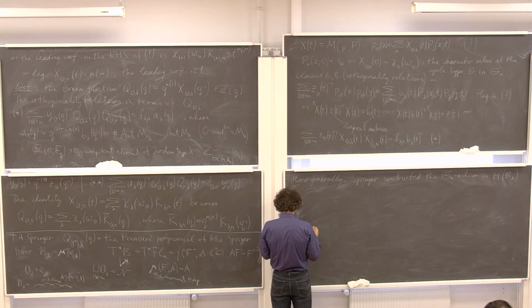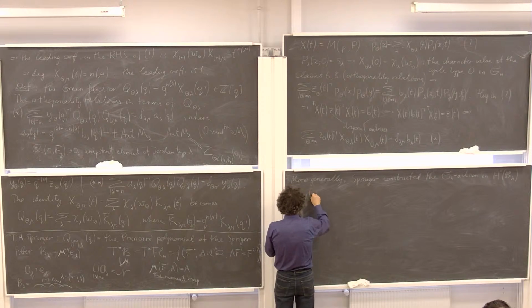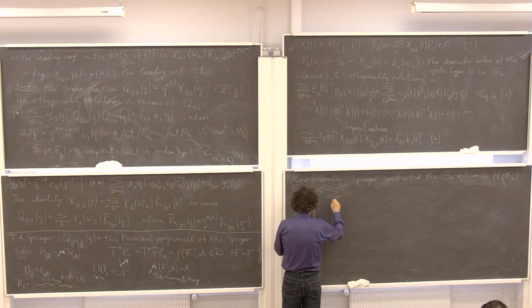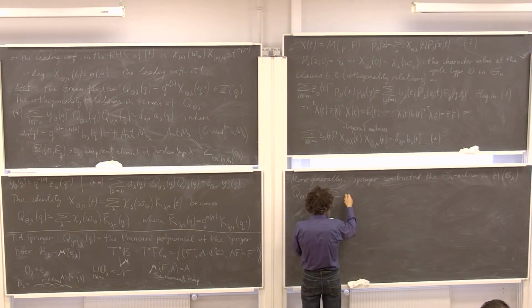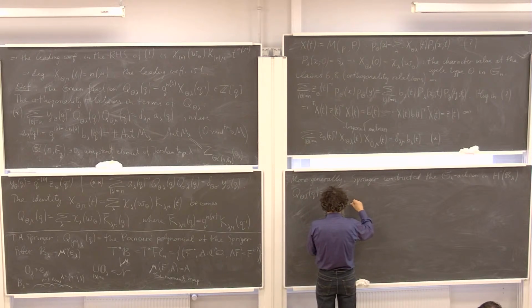And we write Q_{theta,lambda}(q) as the sum of certain coefficients, say C_{lambda,i}(theta) q^i.